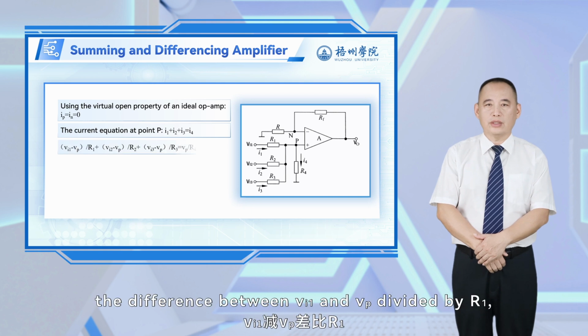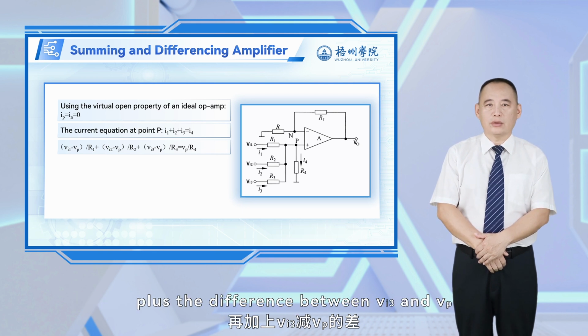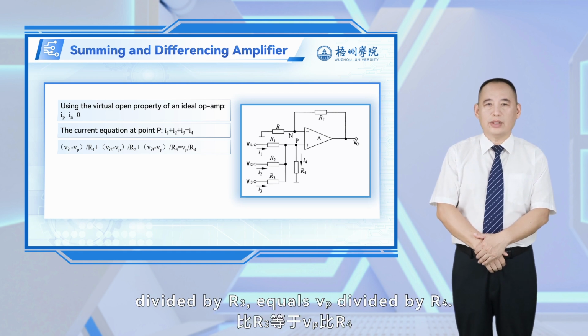This means the difference between Vi1 and Vp divided by R1, plus the difference between Vi2 and Vp divided by R2, plus the difference between Vi3 and Vp divided by R3, equals Vp divided by R4.